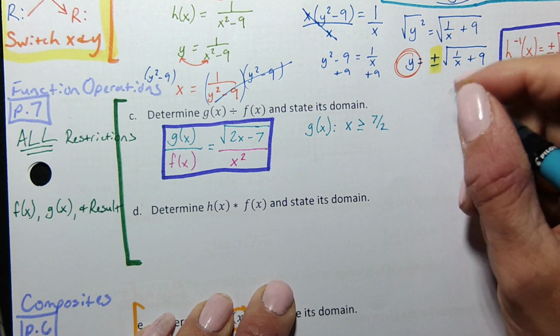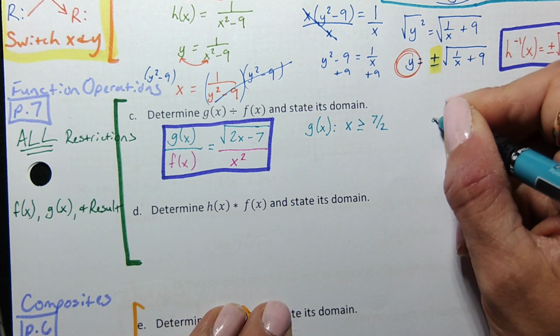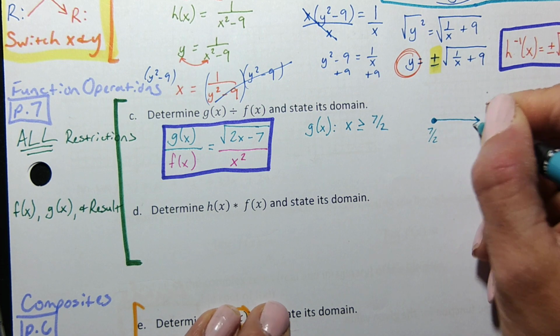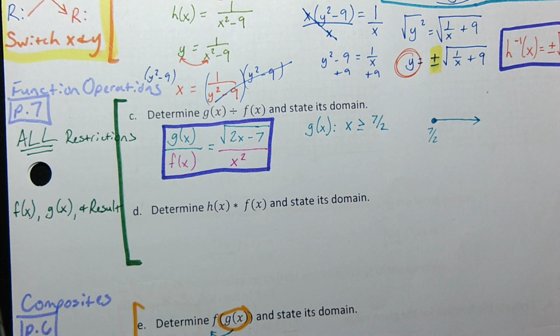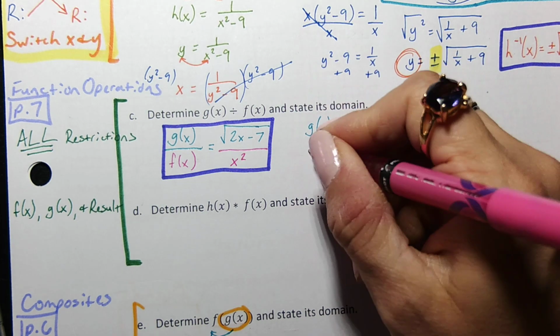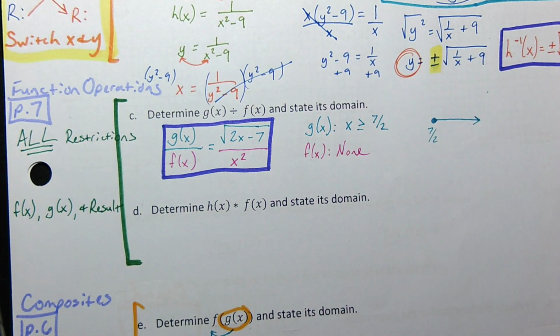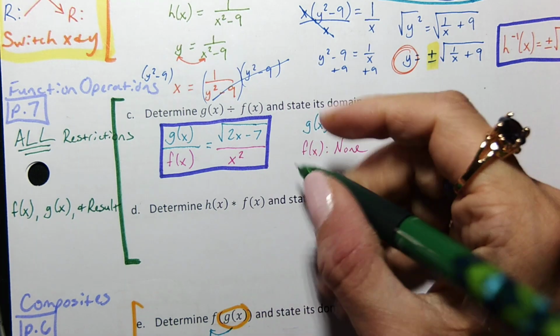So I'm going to go ahead and draw the number line thing because you guys know I love that. Here's 7/2 with a closed dot since it's included, going to the right. Does function f have any restrictions? Nah. So function f, nada. But I have to consider any restrictions on the result.